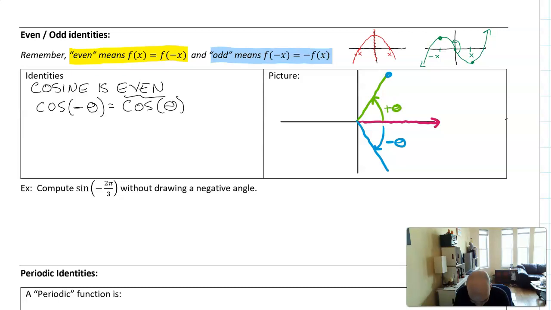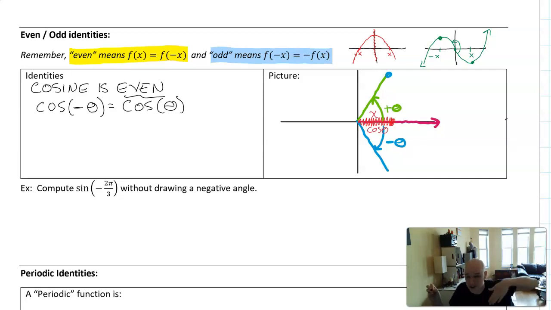That is, if you have a negative angle as the input, it will have the same cosine value as a positive angle with the same size. Why is that true? Well, think about our positive and negative angles with the same size over here. Cosine's the x-coordinate, and those positive and negative angles actually have the same x-coordinate. So they're going to have the same cosine values.